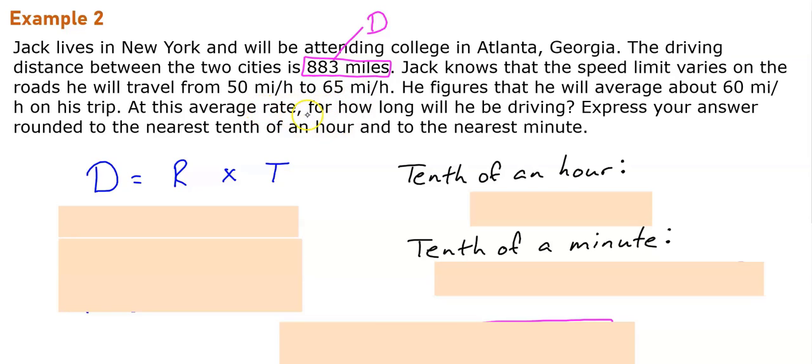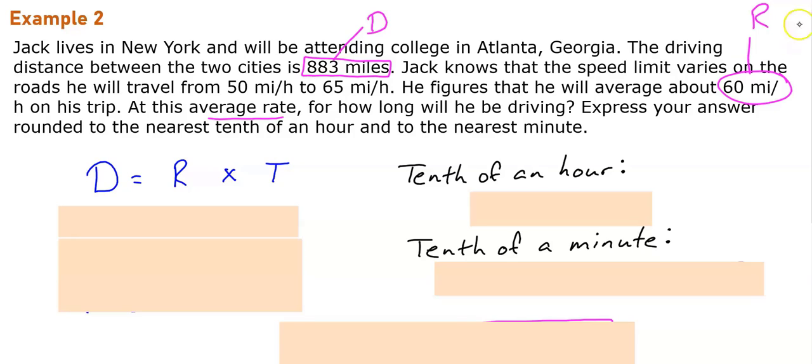So those are rates, but that's not a specific one yet. He figures that he will average about 60 miles per hour on his trip. At this average rate, so that means we want to use that 60 miles an hour as our rate. For how long will he be driving? Round your answer to the nearest tenth of an hour and to the nearest minute.